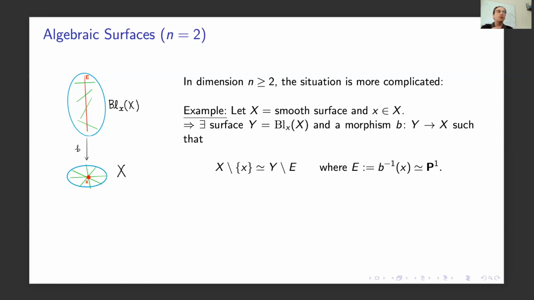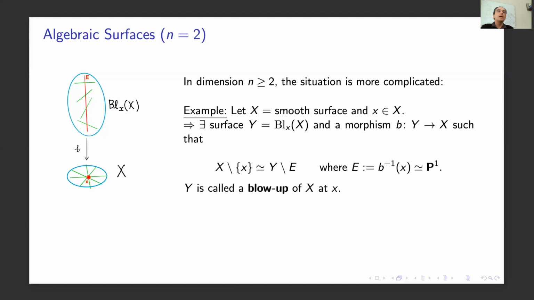So outside the point, we didn't do anything. What happens is that we replace the point x by a curve E, which happens to be always isomorphic to P1, so it's a sphere. In other words, we take a surface, we remove a point, we add a sphere, and we obtain a new surface. And we can do this as many times as we want.